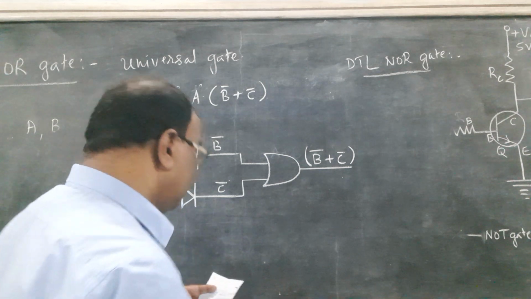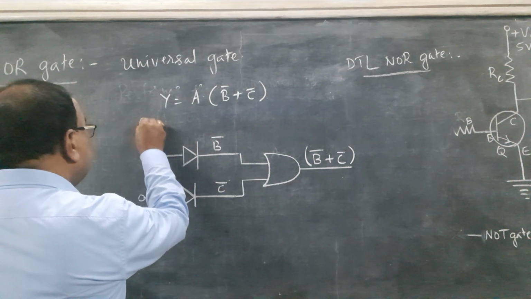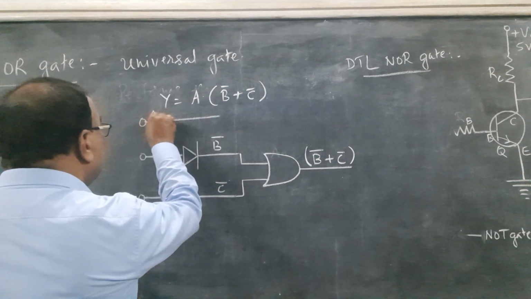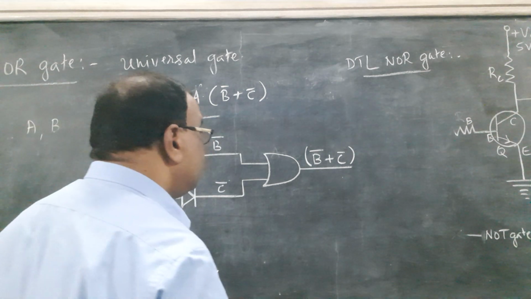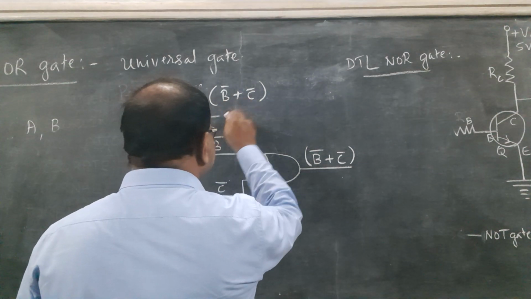Now there must be one more input, that is taken as A, and so the output should be A dot (B bar plus C bar).